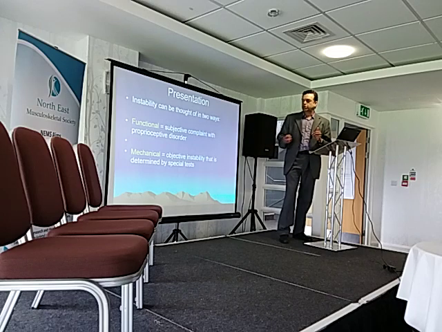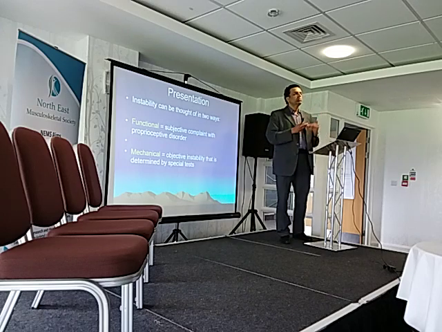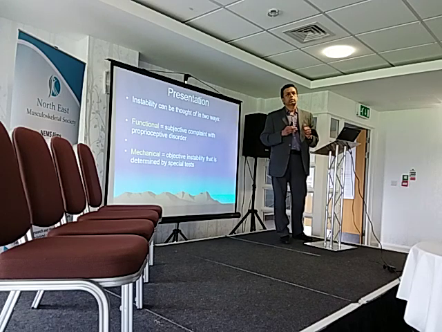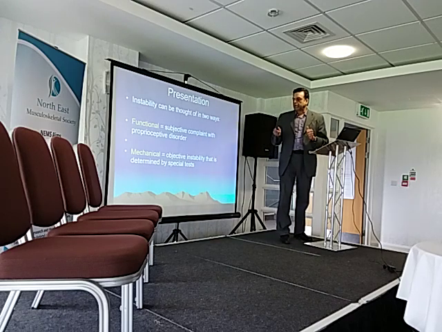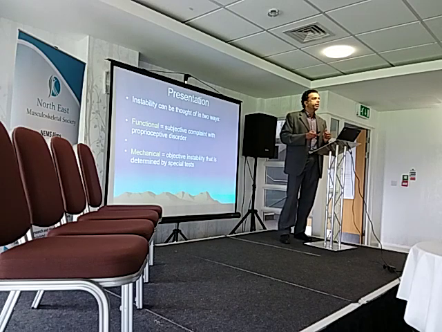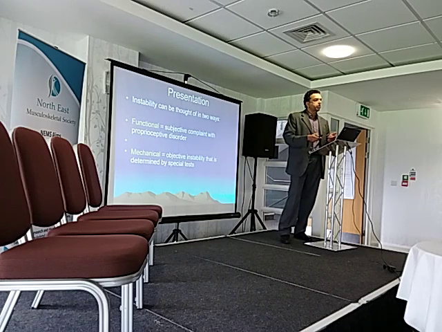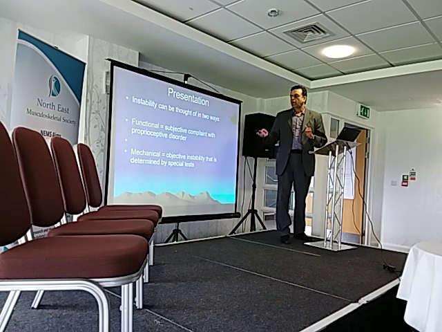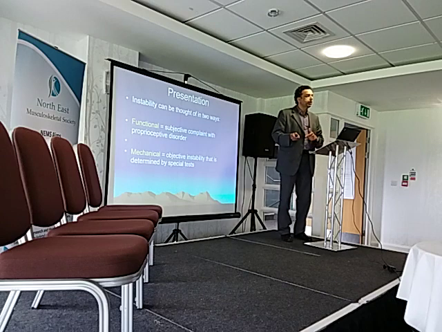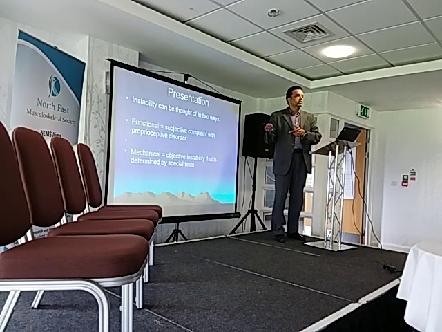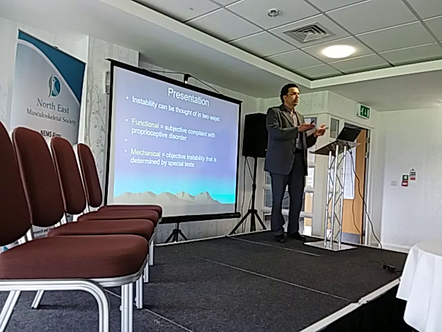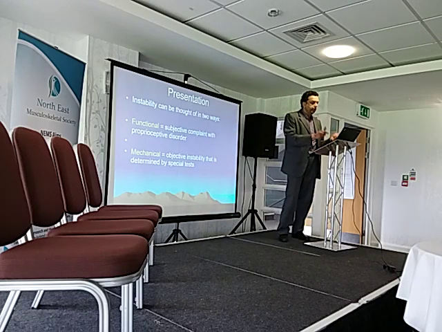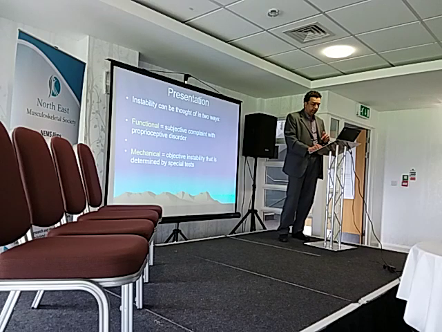One is called functional, where a patient comes to me and says, my ankle feels weak, I can't run, I keep going over on the ankle. But that doesn't necessarily mean they have anatomical or mechanical instability, which is characterized by the examination technique. So patients who have functional instability could be having some excessive laxity in their ligaments, but they're still complaining about it. But the mechanical are the ones who, when I examine them, show signs of instability.